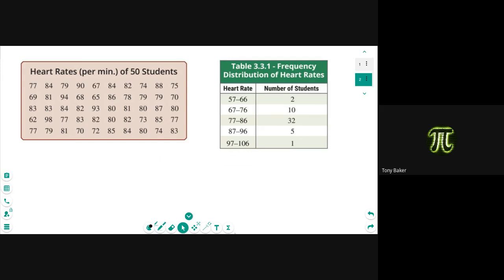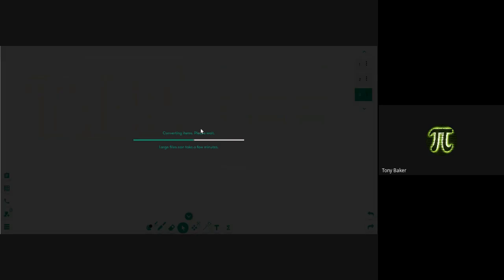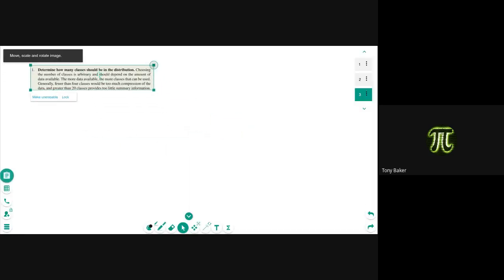So the first thing we want to do when we're creating a frequency distribution is determine how many classes there are. So first step, how many classes?